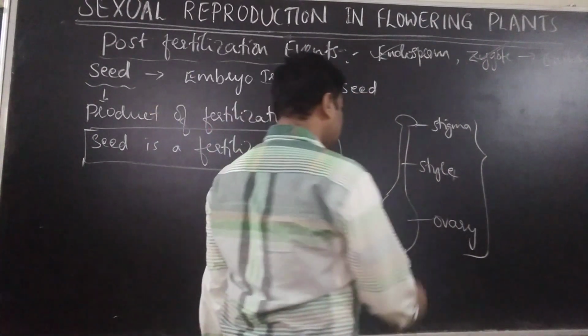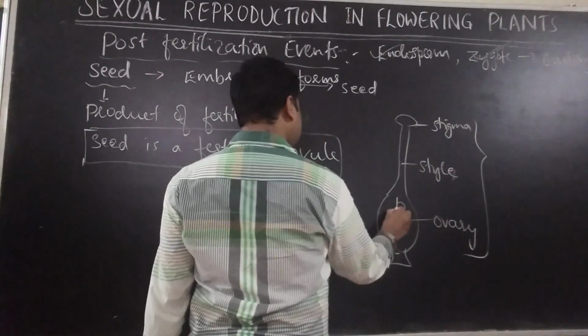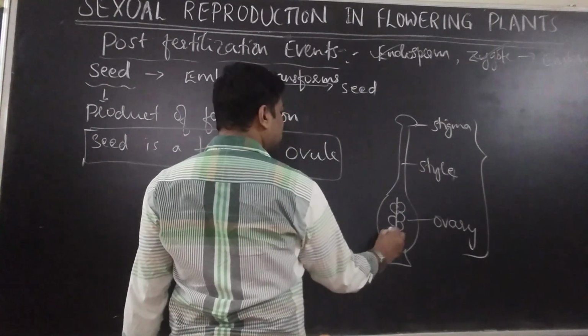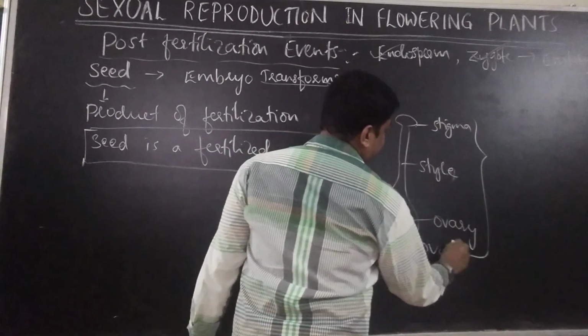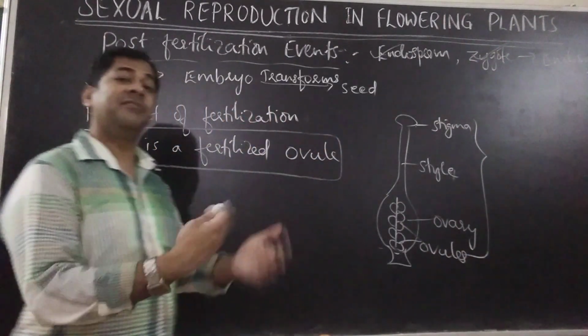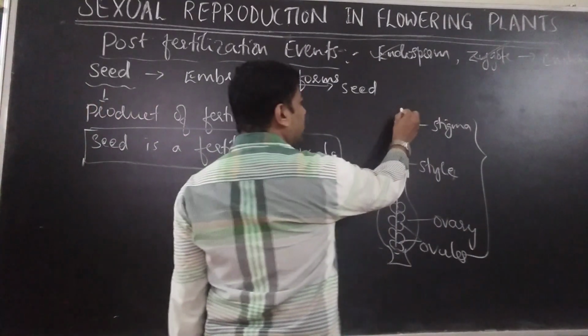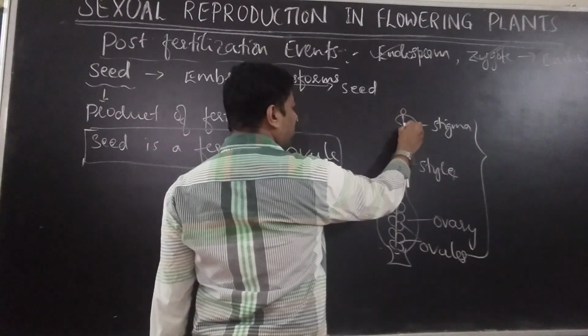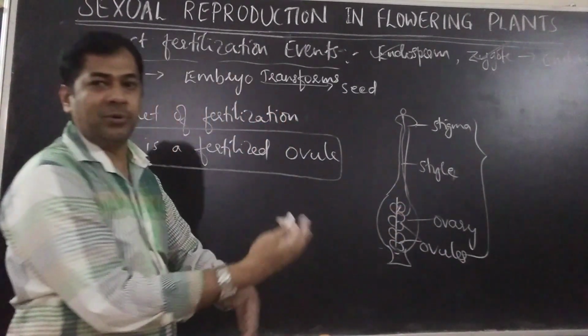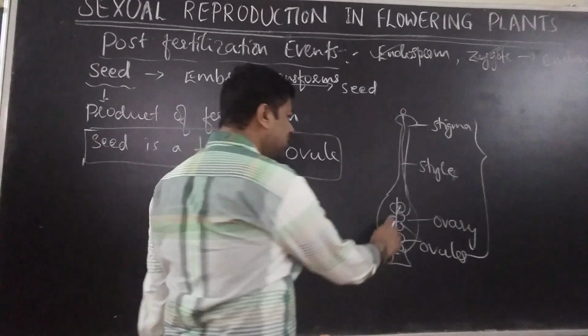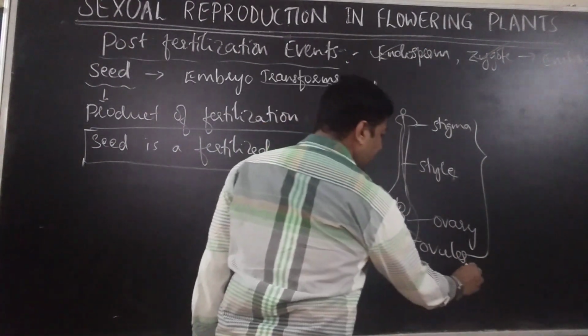No? Then within the ovary there will be ovules. Do you remember? These are all ovules. Later, after fertilization, the pollen grains will land here, it will produce a pollen tube and it will enter one of the ovules, then double fertilization, triple fusion occurs. Then slowly these ovules will become what?